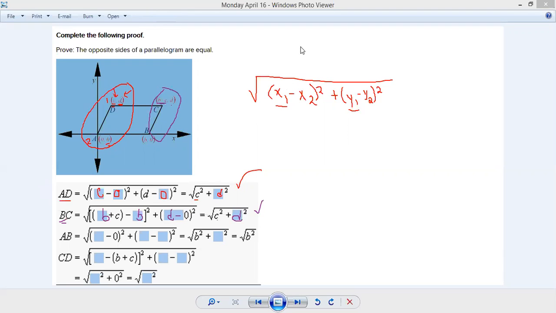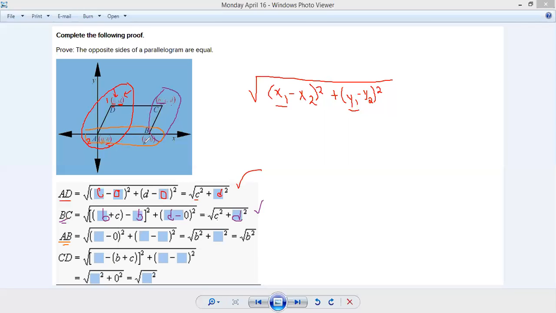All right, now let's look at AB. So that's the next one. Let's use a different color for AB. So this is AB. We're going to use orange. Okay, so let's see what they have first. Let's look at the X coordinates. They have the 0 first in the X coordinates. Oh no, that's second.